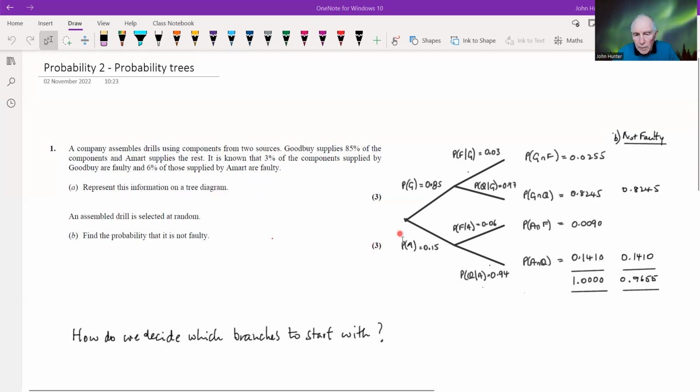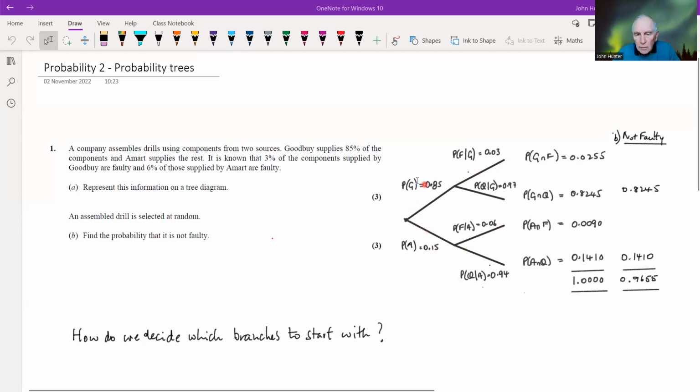So we've got the tree diagram here. We have branches, nodes, and leaves. This is a node, so a branch emanates from a node. We come to another node here, and another branch, and then we have the leaf here, which is the result, if you like, of what we're doing.